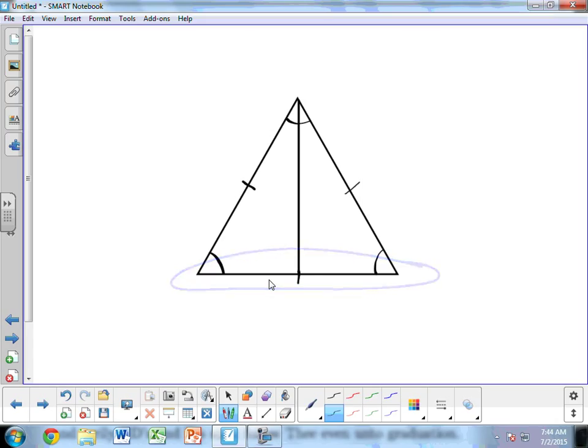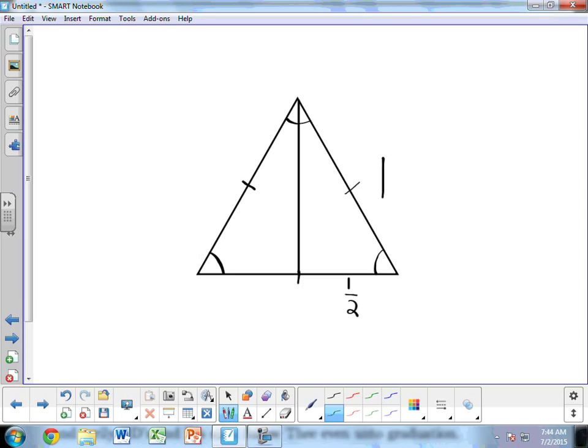Let's just, for computation's sake, name the right side to be 1 unit, and that'll come in handy later. So if that side is 1 unit, then since the altitude splits the base in half, this side down here is 1/2.